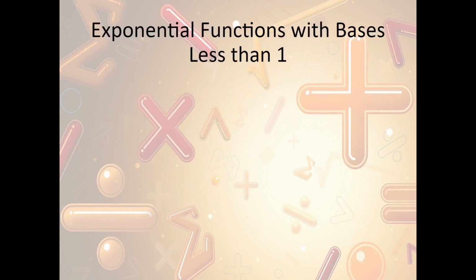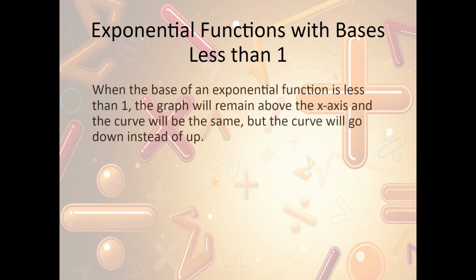Now, let's take a look at exponential functions with bases less than 1. So when the base of an exponential function is less than 1, the curve will remain above the x-axis, and the curve will be the same, but the curve will go down instead of up. For example, we have y equals 1/3 to the x power times 4.